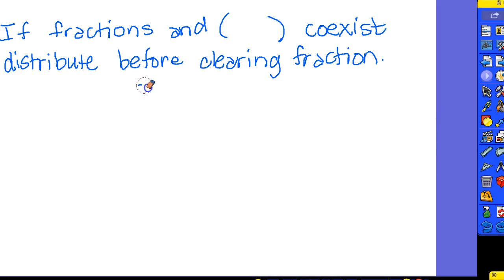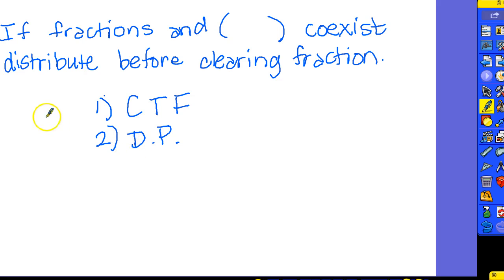In yesterday's notes, in the steps, we had step 1 and step 2, if you recall. Step 1 is clear the fraction, and step 2 is distributive property. I don't want to change that, but I do want you to note that these 2 steps are interchangeable.